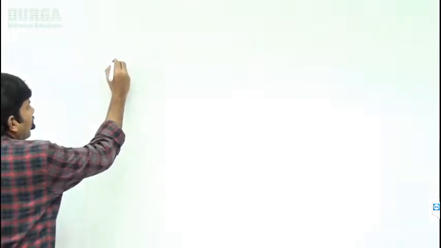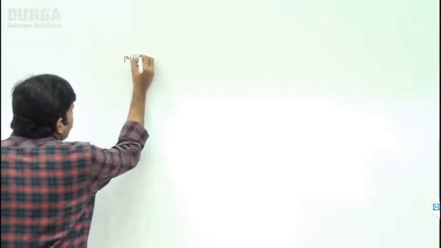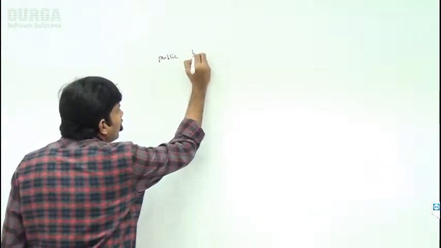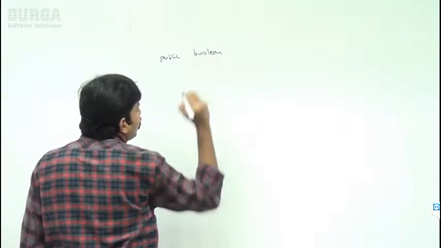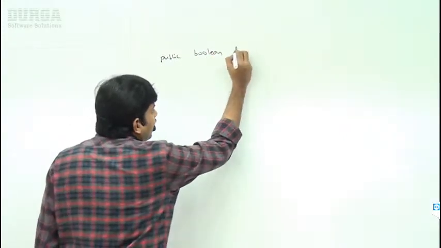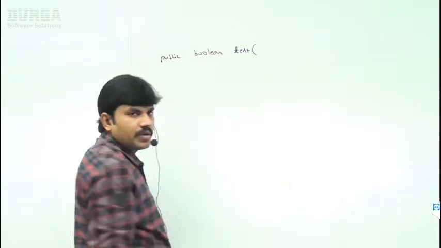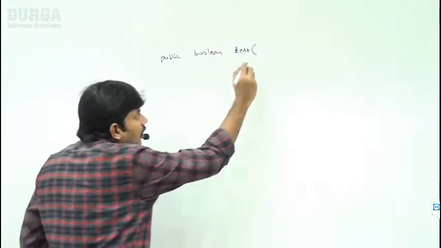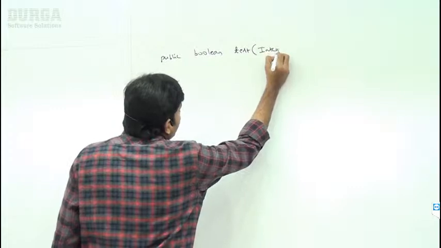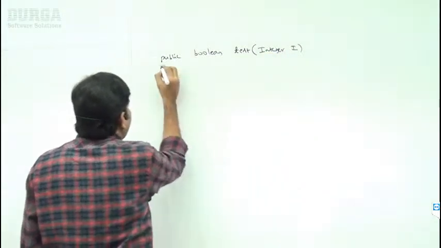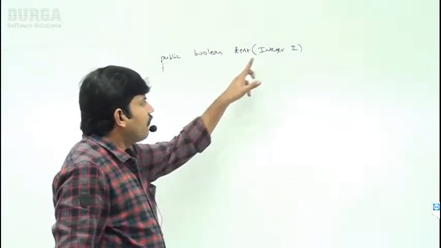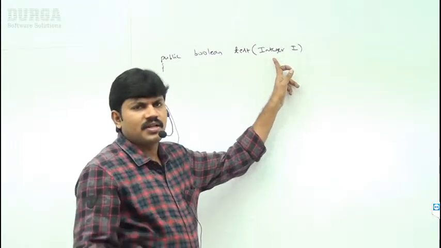Let me write public boolean test method. Now I'm taking Integer i, the argument I'm passing, some integer type.